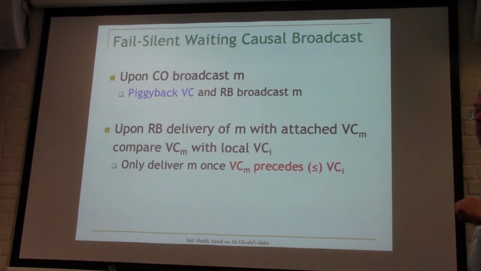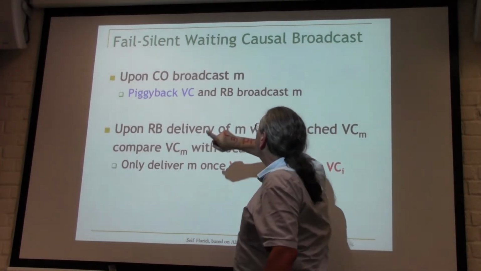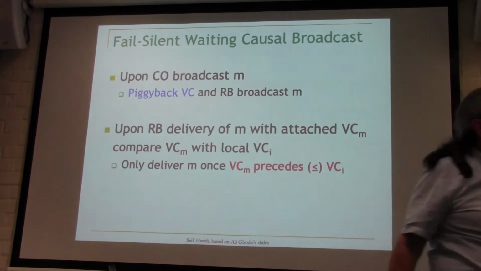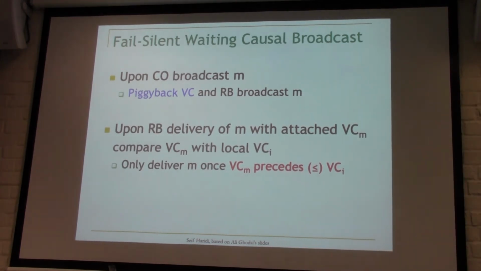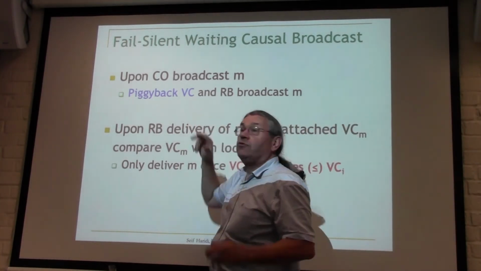So how does it work? Well, I'm going to show you a scenario, because you have to see how it works to really get it. Again, we're going to piggyback. Whenever I do a CU broadcast, I'm going to do an RB broadcast, just like before. But instead of piggybacking the whole past list, I'm only going to piggyback the current vector clock.